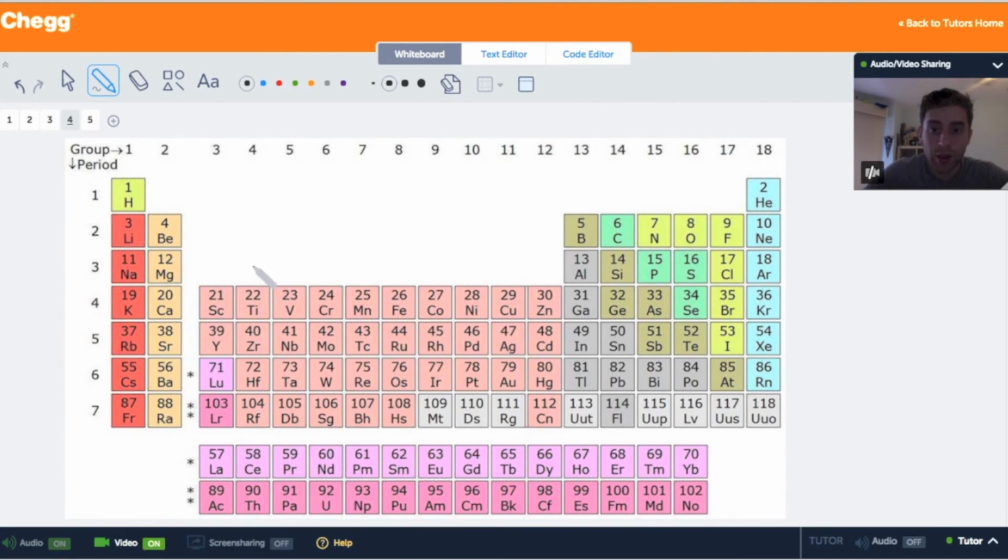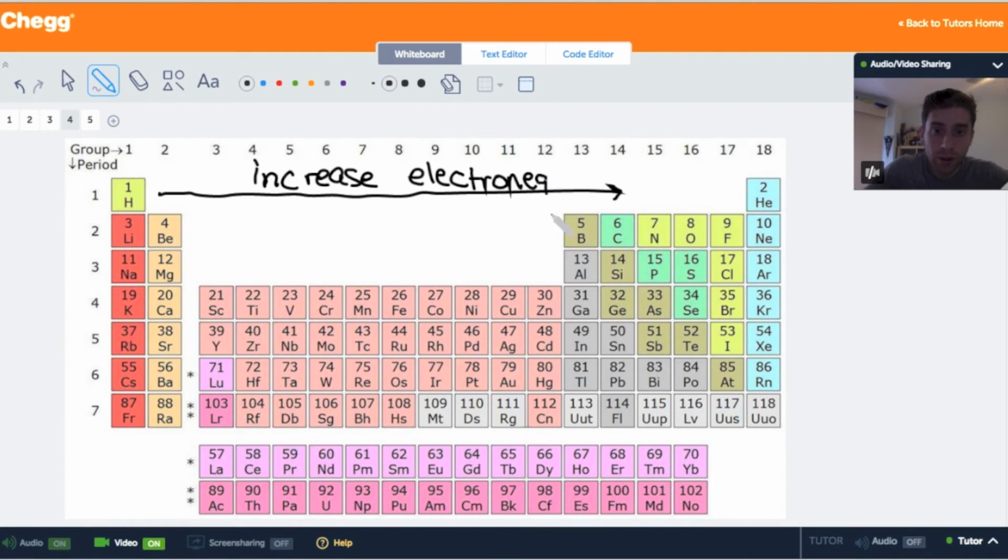So we found that as you go across a period, it increases from left to right because you're not changing the energy shell that the valence electrons are found in, but you're increasing that atomic number, which pulls those bonding electrons in more. So increasing electronegativity.